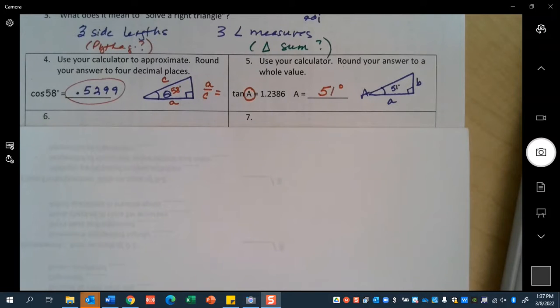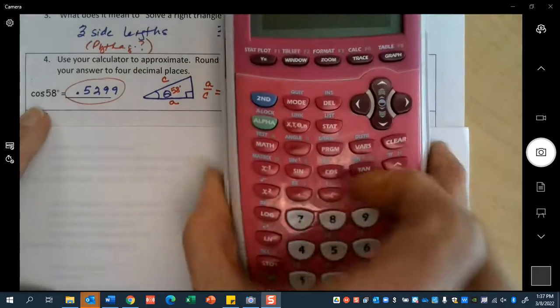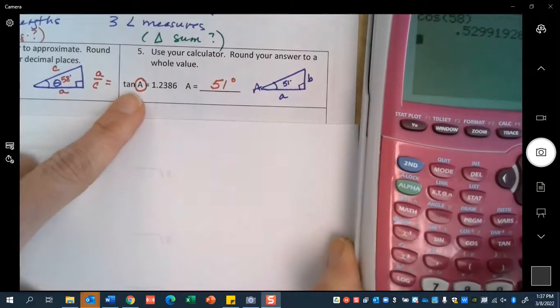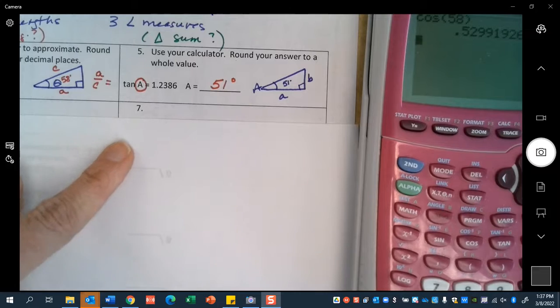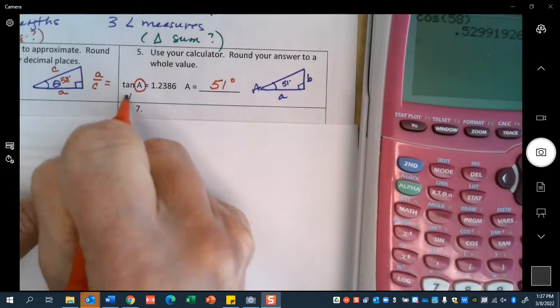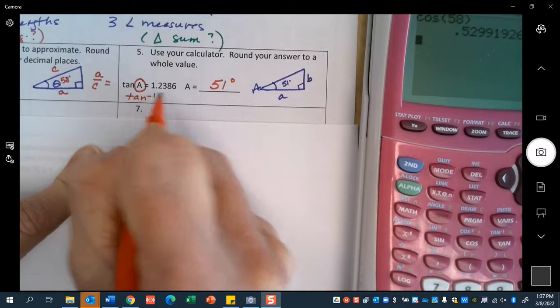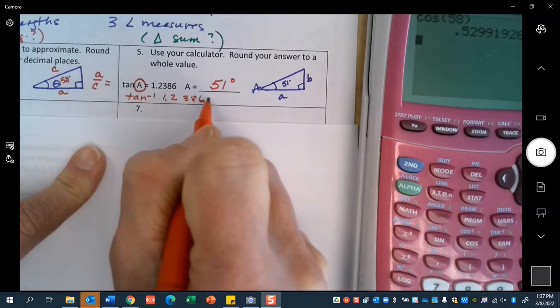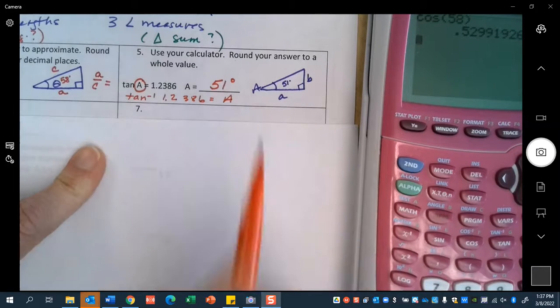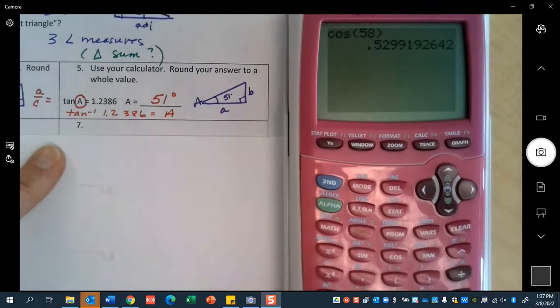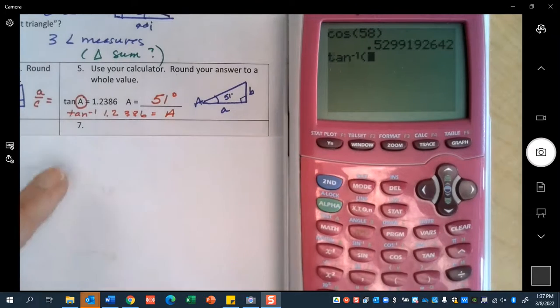So here is my straightforward function using these buttons on the calculator. But when I'm dealing with this one, I don't know what angle A is. So I need to know the inverse of this value. And that's going to give me my measure of angle A. So I'm going to go ahead and say, what is the inverse value?